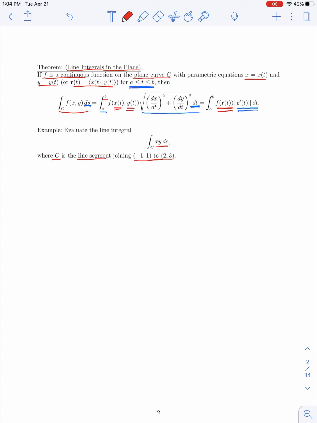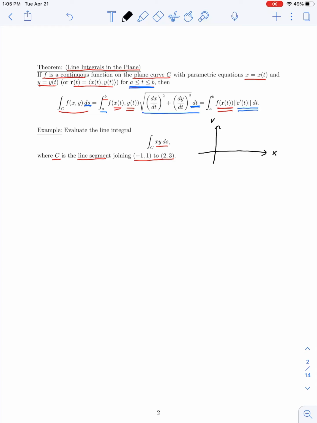So in order to make use of this theorem to evaluate a line integral in a plane, we need to find parametric equations describing our curve. So in this case, we have a curve C, which is a line segment connecting the point -1, 1 to the point 2, 3. So here we may, even in this first example, think about visualizing our line segment.